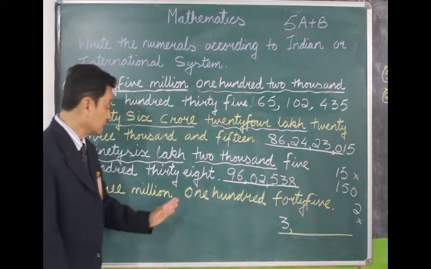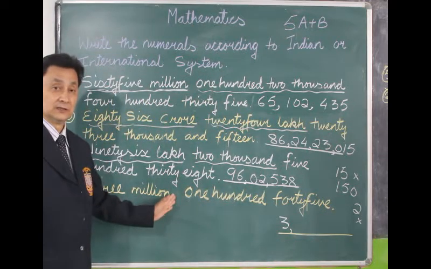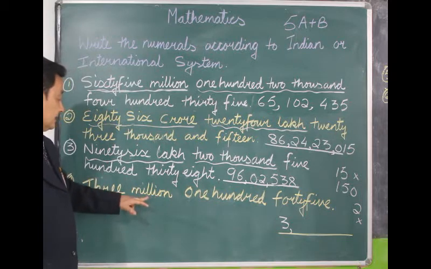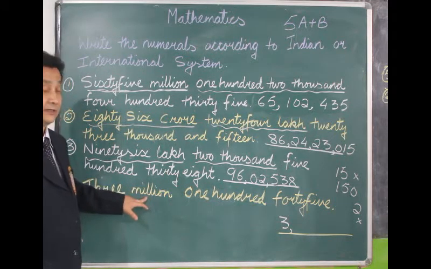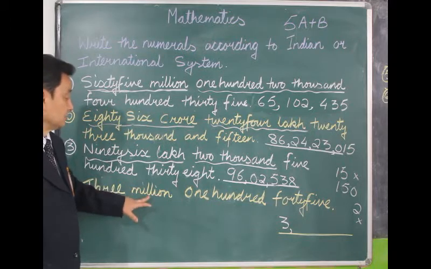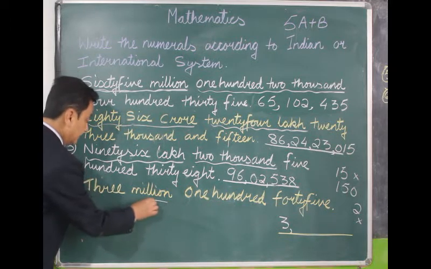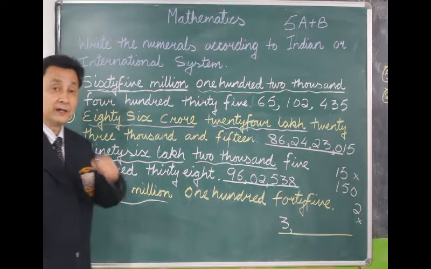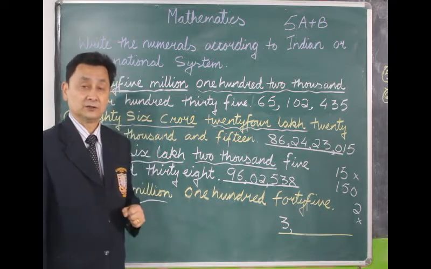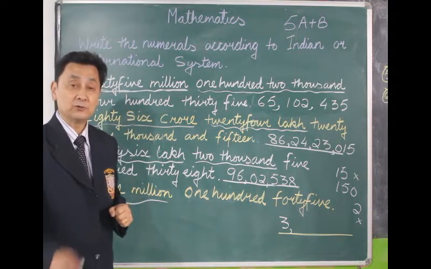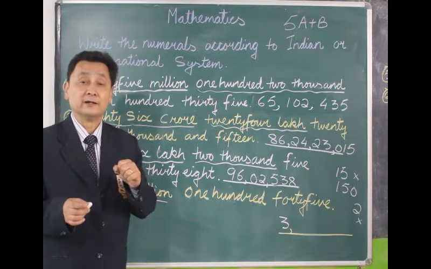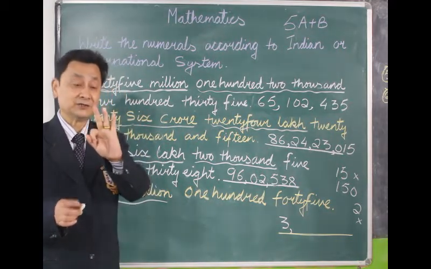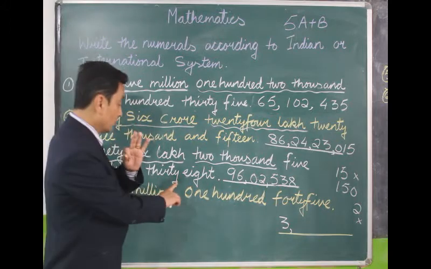Which place value is not there? Thousands. And we know that it is the international system when we read the word million. 3 million. Okay? Which place value is not there? Yes, the thousands. In the thousands place value in the international system, how many digits should be there? Yes, 3. So there is no thousand.